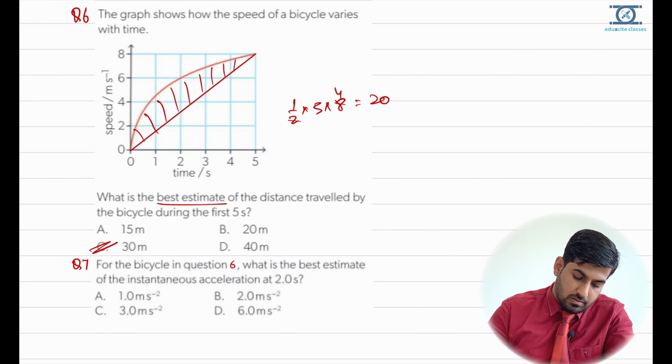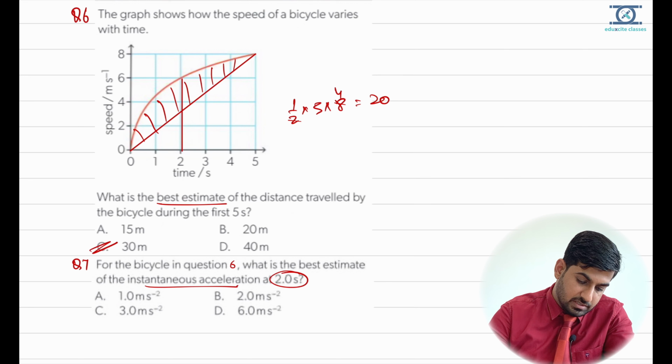Now the instantaneous acceleration at 2 seconds. So at 2 seconds, we have to again draw a tangent at 2 seconds. So this will be the tangent. So the change in y, 8 minus 4, upon 4 minus 0.